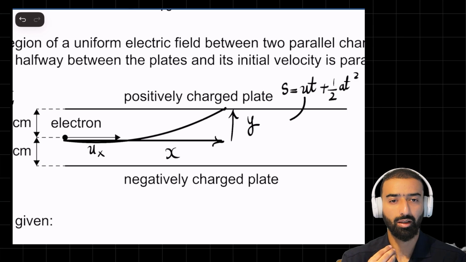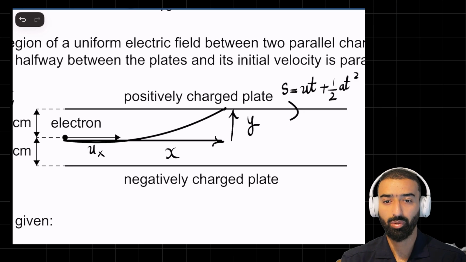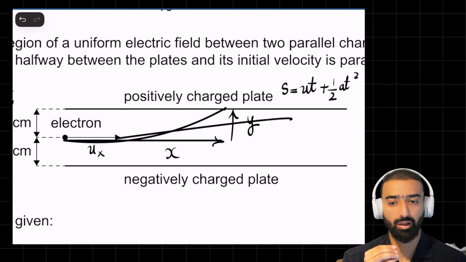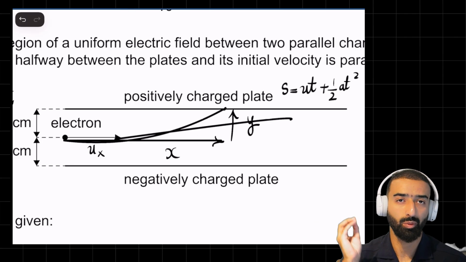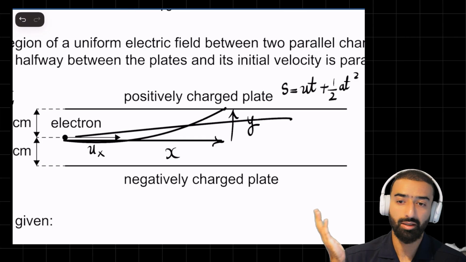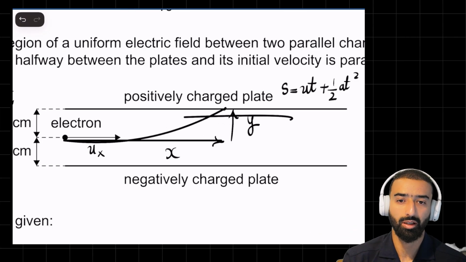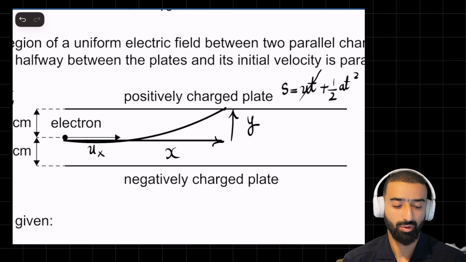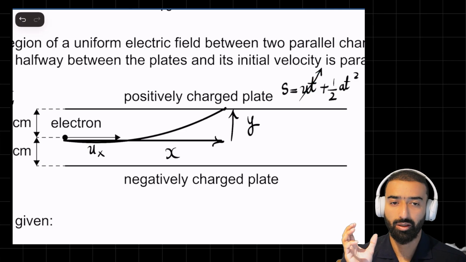How much is that? That's 0, because the electron only has an initial horizontal velocity when it's pushed into the field. It doesn't have any vertical velocity. So this term over here is 0. That means this entire term should disappear. So let's remove this. Our equation therefore is S equals 1/2 at square.